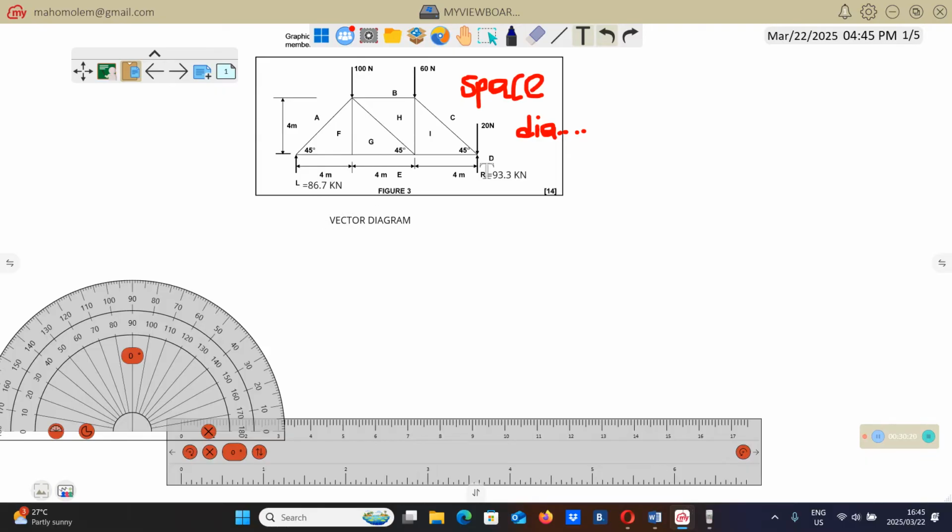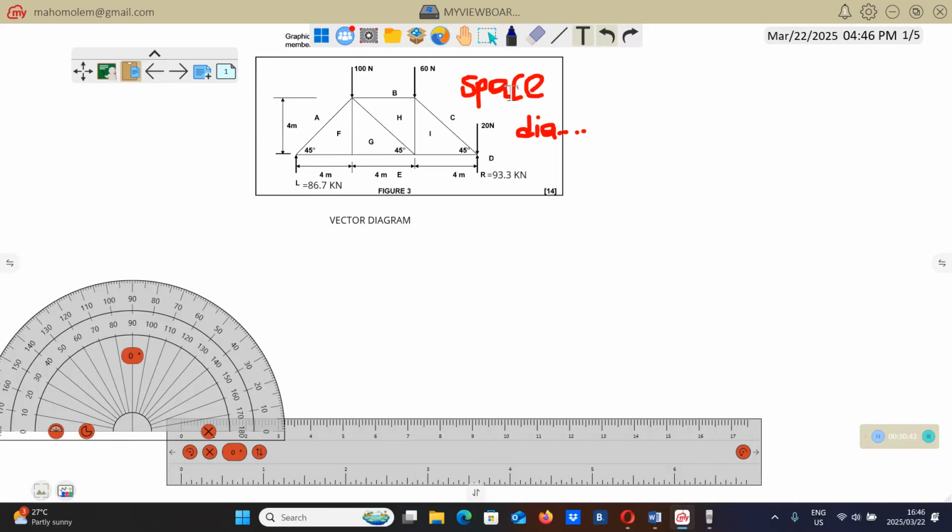This vector diagram is going to have the magnitude and the direction, since a vector has a magnitude and a direction as well. What we're going to do is draw the lines parallel to the forces.